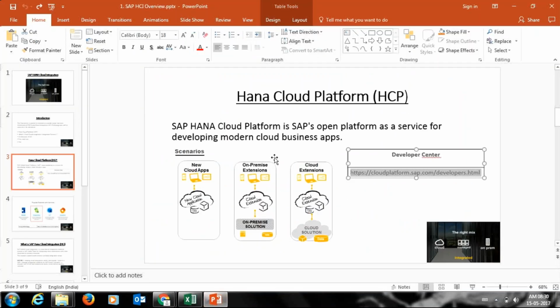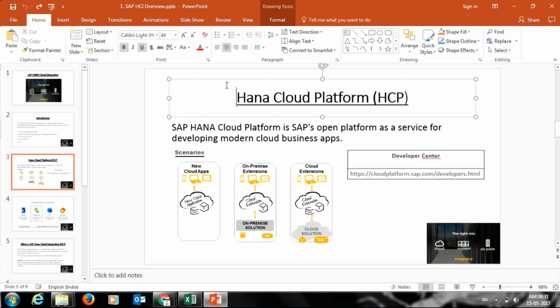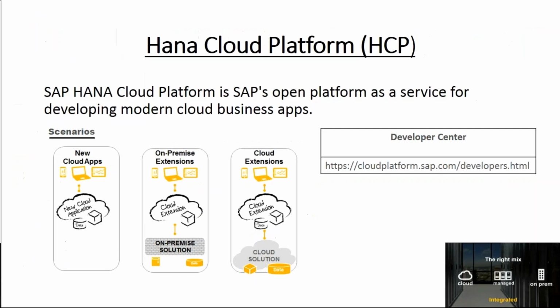Now coming back to this, there are three major scenarios which you can achieve on your HANA Cloud platform or your cloud platform. You can develop new cloud applications from scratch. So this is one. You can create your new cloud application from scratch and use it.